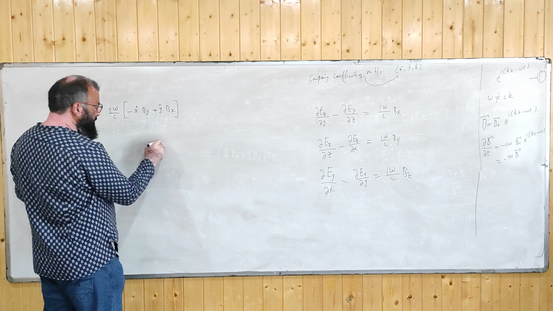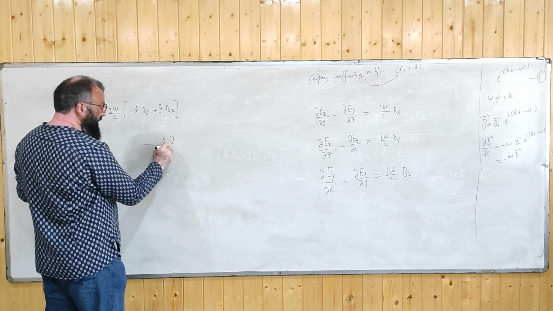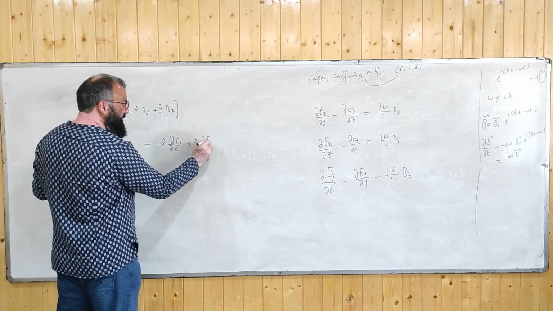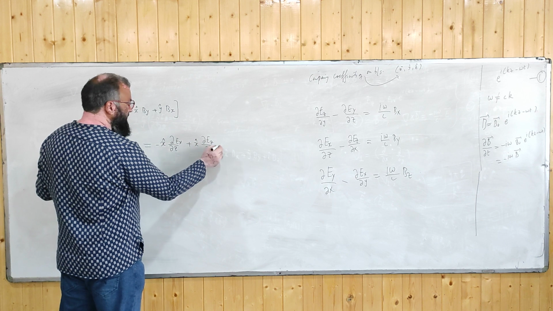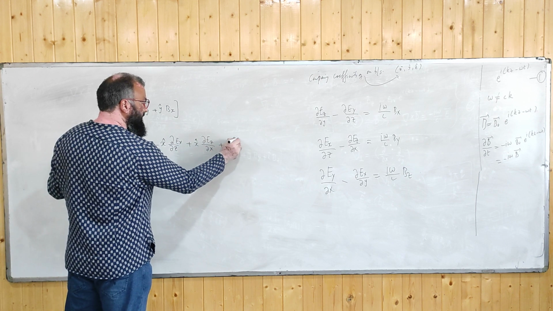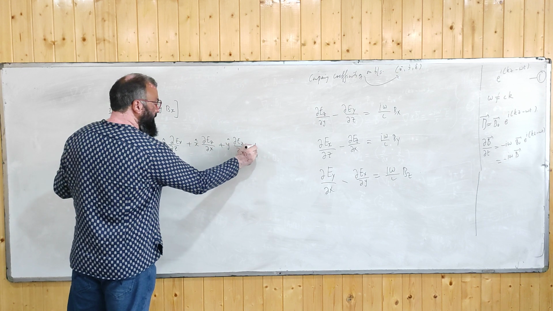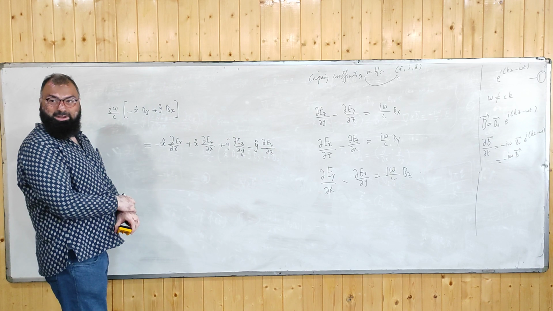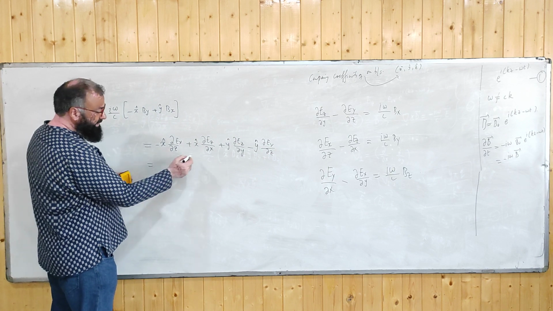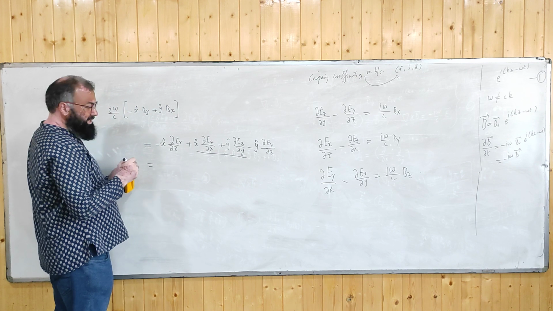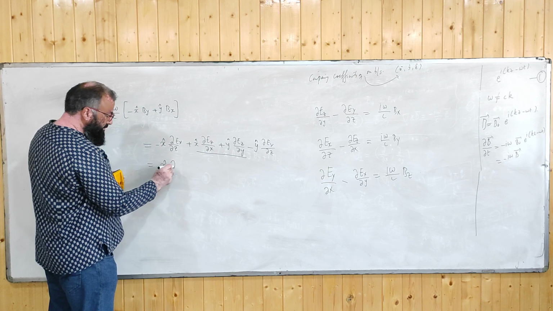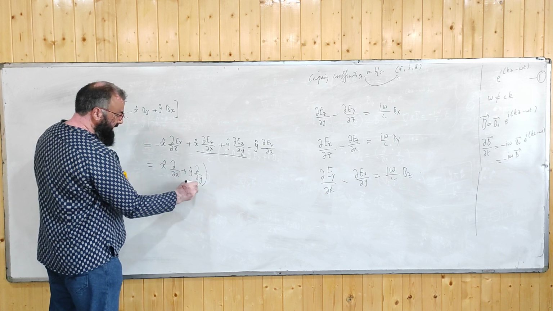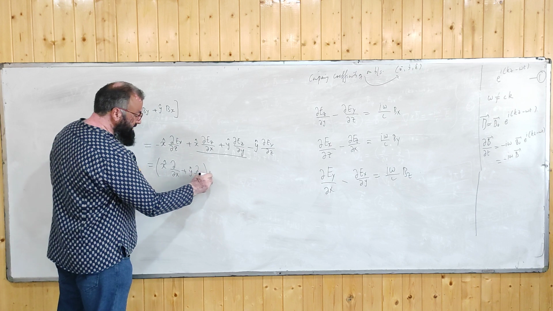You will get minus y partial by partial z Ex plus x partial Ez by partial y minus... I am actually forming a vector, right? Then you have plus y partial Ez by partial y, minus y partial Ey by partial z. Is it true? So let me take these two objects first. You have x partial by partial x plus y partial by partial y acting on Ez. Is that true?